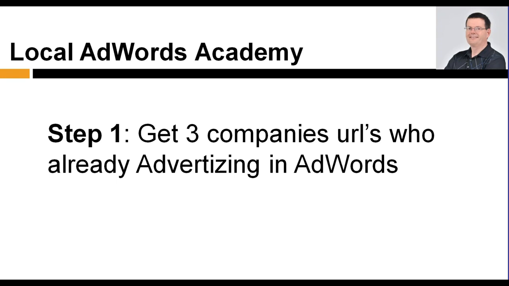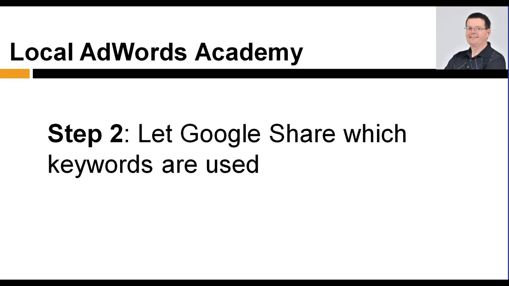Step number 1, get 3 company URLs who are already advertising in Google AdWords. Step number 2, let Google share which keywords are used. Wow! So Google is sharing with you which keywords are used by other companies.